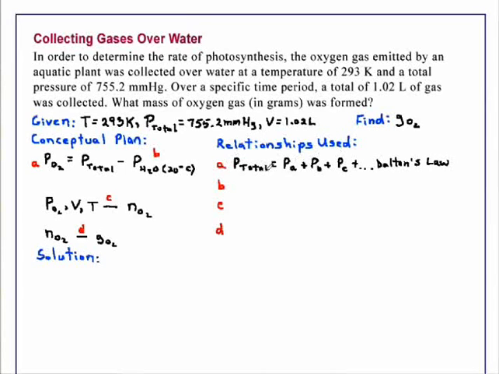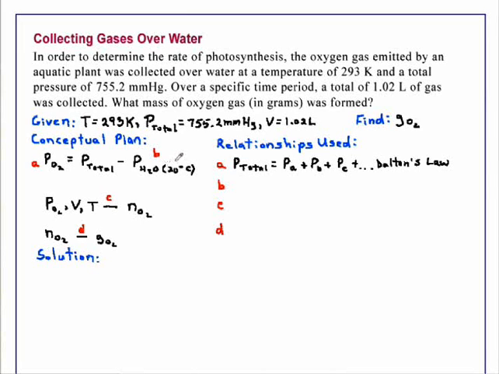In our example, we have two gases. We have the oxygen gas, which is what we are trying to determine the grams of. And we also have water vapor, because anytime you have a liquid, some of it will evaporate, and in a closed container will generate a pressure of its own that we call the vapor pressure.